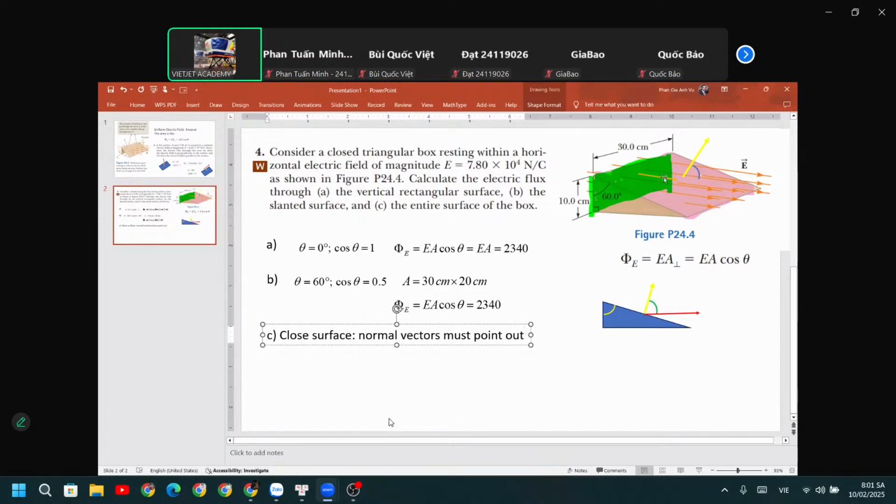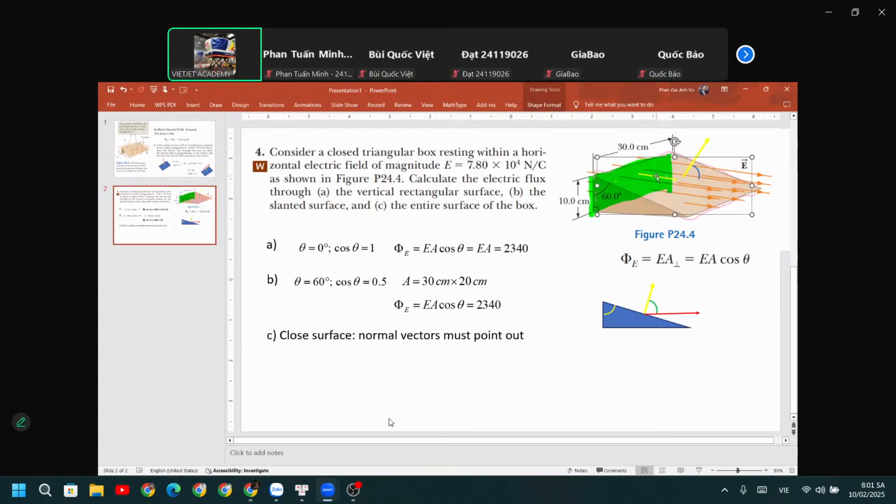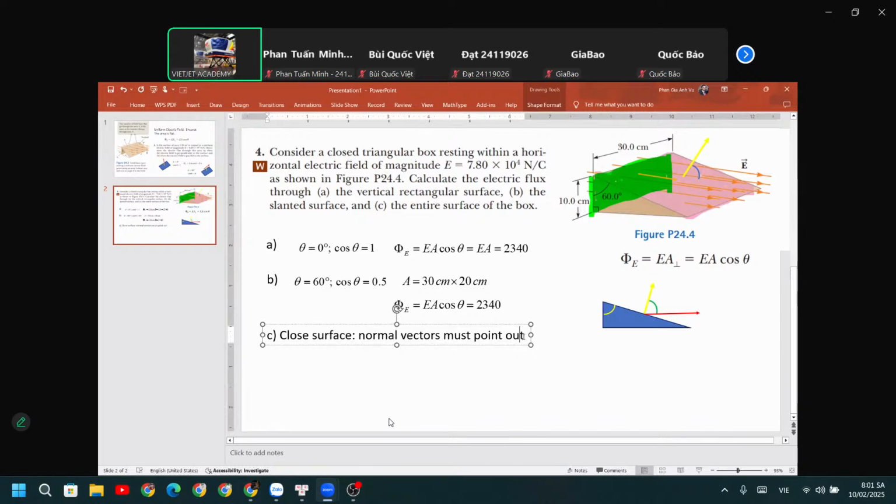So you have to reverse the normal vector of the green surface into the opposite direction, right? So you cannot take this vector anymore because this is the closed surface. This is the rule. New rule. So you have to remember that.